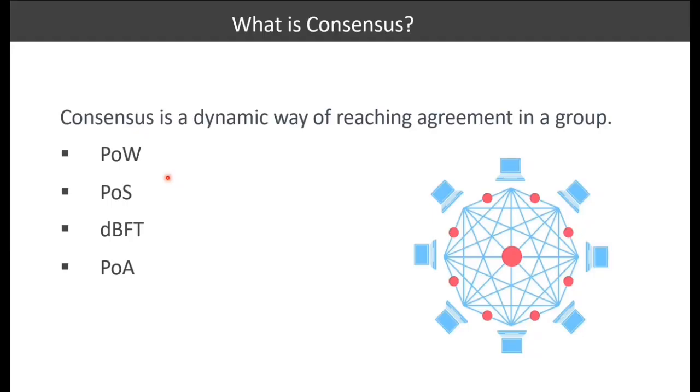Now, once a miner wins that proof of work, so if he or she is the first to solve that puzzle, the other nodes will validate that they indeed have the same transactions. They quickly vote, and then that new block is relayed to the rest of the blockchain network. And then the winning miner is paid a reward in, well, if it's Bitcoin, it's Bitcoin. If it's Ethereum, they're paid in Ethereum.